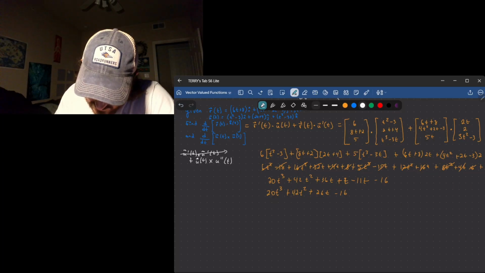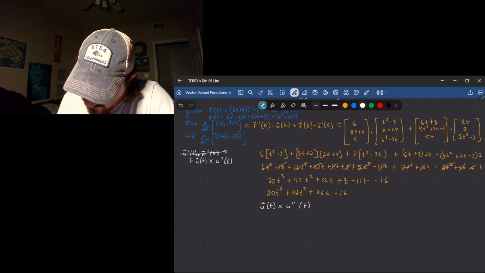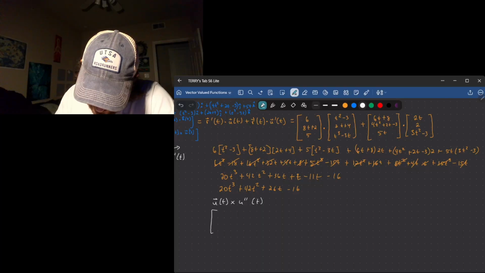So we're going to take u of t and cross that with u double prime of t. We already have u written down, so we're just going to rewrite that: t squared minus 3, 2t plus 4, and t cubed minus 3t.